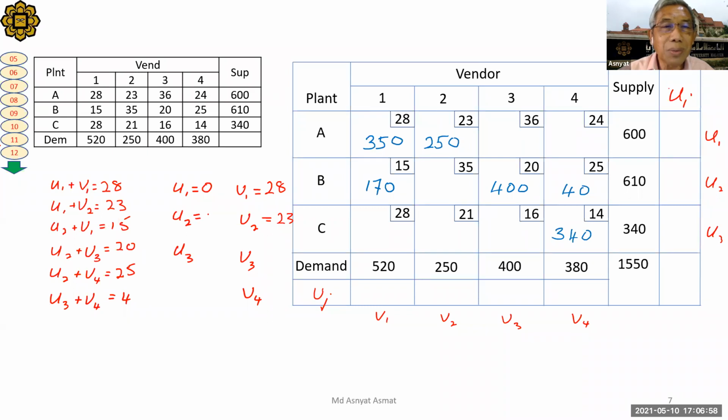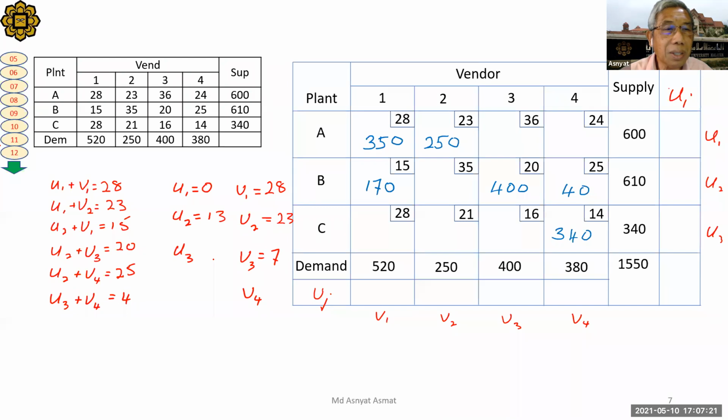What's 28 minus 15? 13. Now you know U2. Can we get V3? V3 is 7.